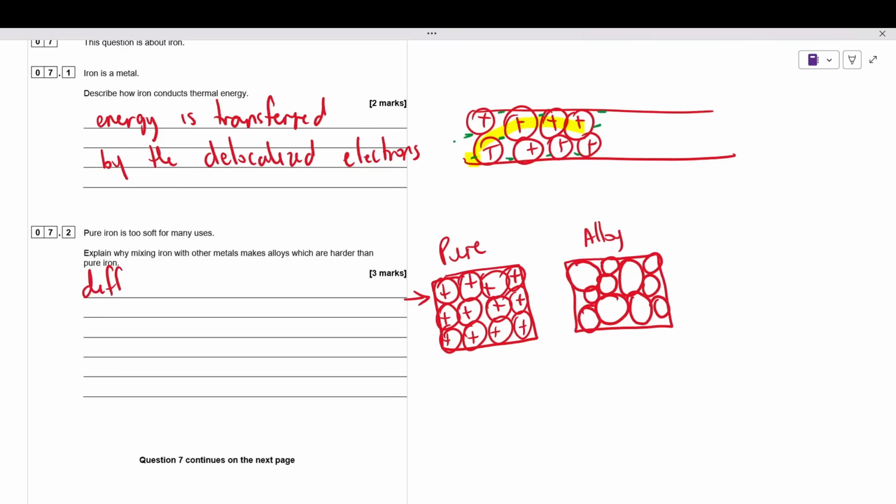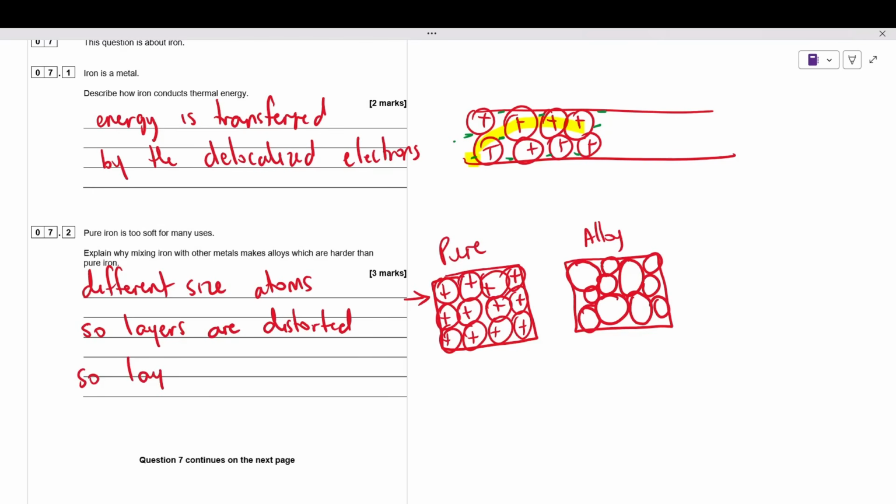So we have different size atoms in our alloy, right? So it means, therefore, layers are distorted. And if layers are distorted, they cannot easily slide over each other, right?